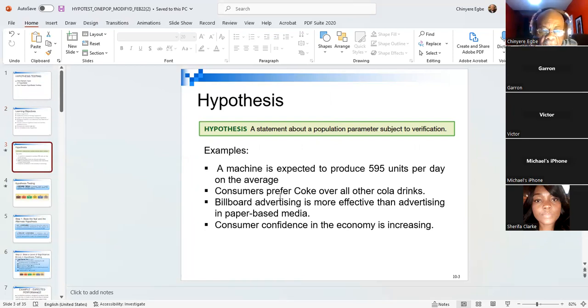The machine is expected to produce 595 units per day, or per hour, per minute. You can hypothesize that consumers prefer Coke over all other cola drinks.